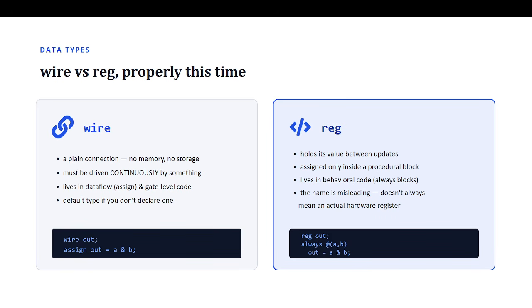Whether your reg becomes a real memory element or just plain combinational logic depends entirely on how you write the always block, specifically whether all possible input combinations are accounted for. We will study this properly when we get into sequential circuit design in a later unit. For now, just remember reg is a syntax category. It tells the compiler this signal is assigned procedurally. It is not by itself a hardware promise.